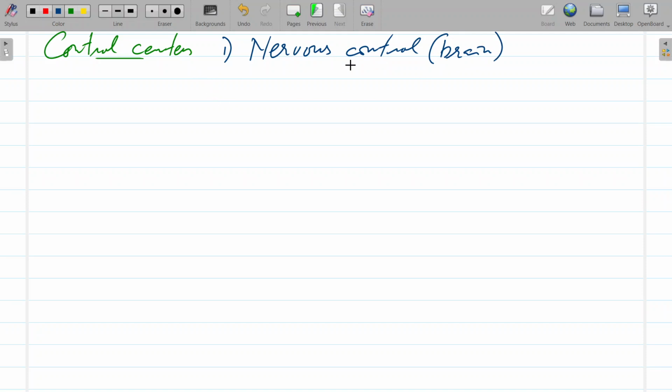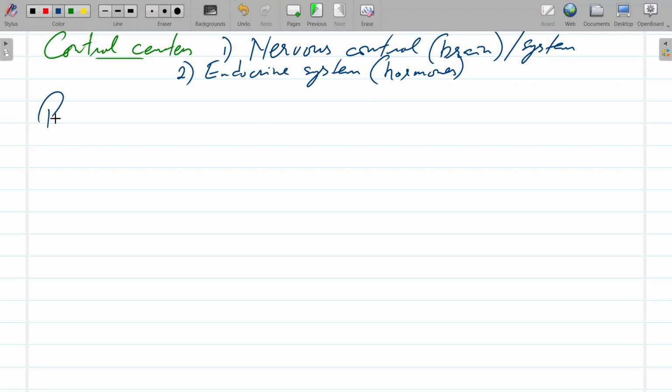The second is the endocrine system, which is basically the release of hormones into the blood, which go and have an effect.